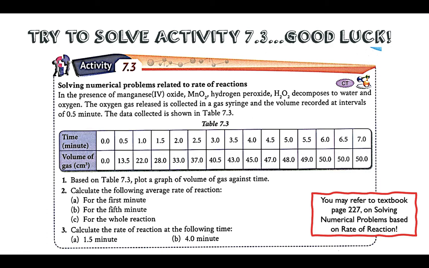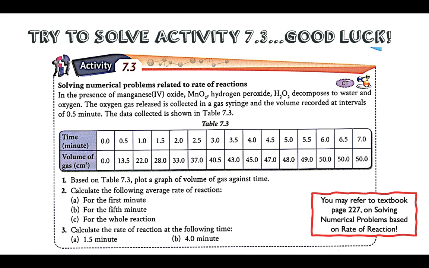Dan barulah ada calculation untuk instantaneous. Ambil pada masa 1.5 minit, extrapolatekan naik ke atas. Dan barulah kita akan buat straight line, AB, make it a triangle, 90 degrees triangle, and then ambil coordinate dan kira dia punya gradient. Same goes to rate of reaction at 4.0.